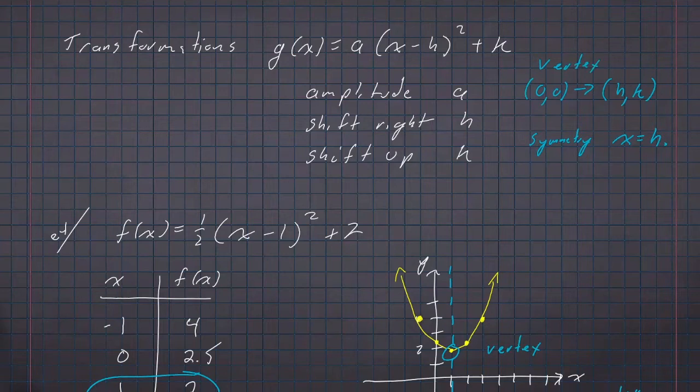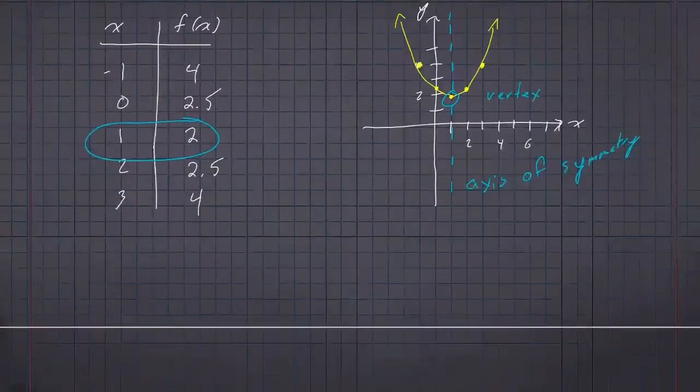So without having to do anything else, just looking at the equation, we can identify the vertex of the parabola at the point (h, k) and the axis of symmetry, the line x equals h. With these ideas in mind, let's scroll down and take a look at one more example.